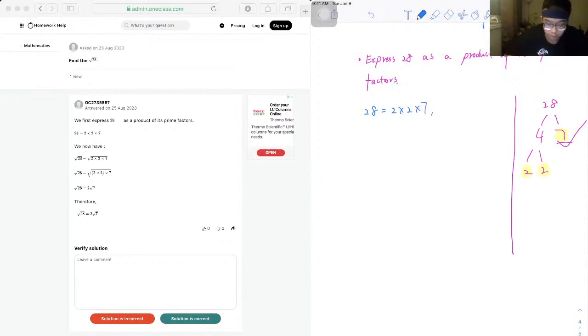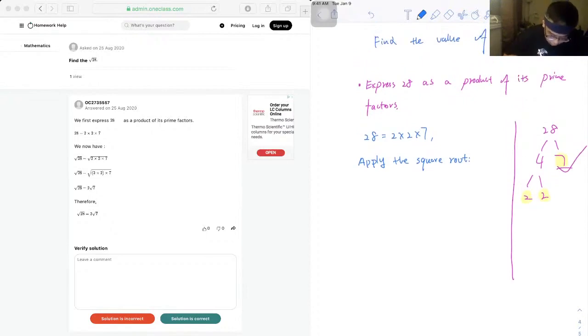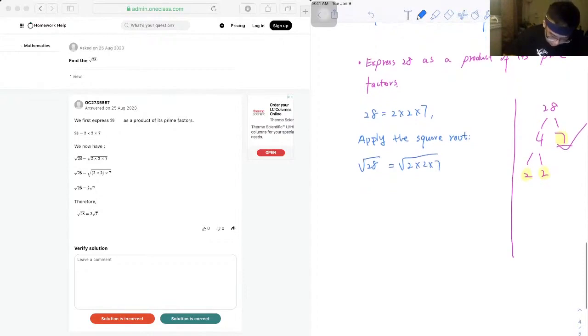So if we want to apply the square root, this will be equal to root 28 is equal to root of 2 times 2 times 7. And then let's group the first two terms, which will give us root 28 is equal to root of bracket 2 times 2 close bracket times 7.